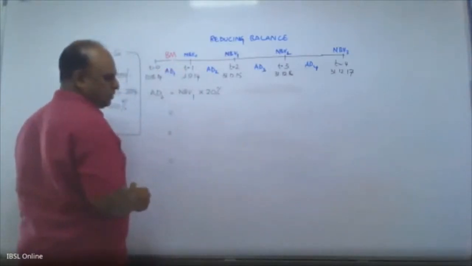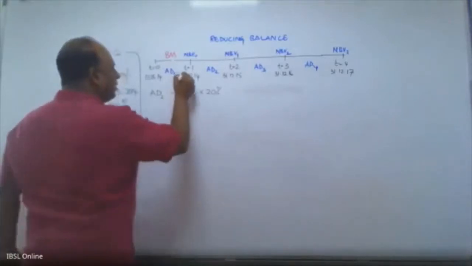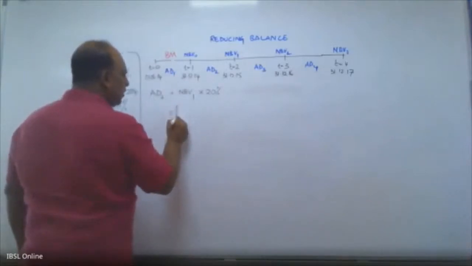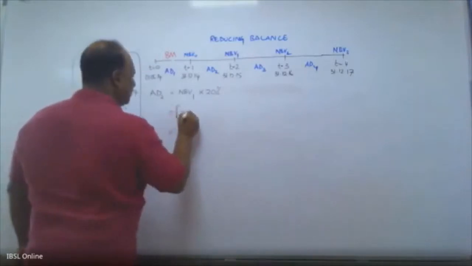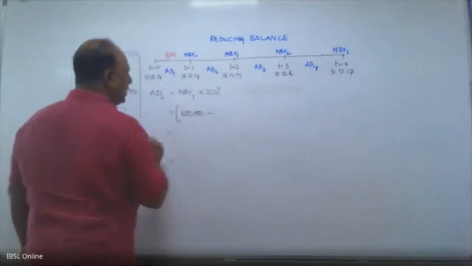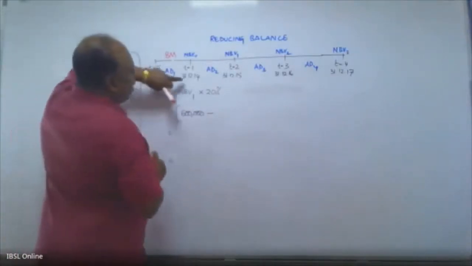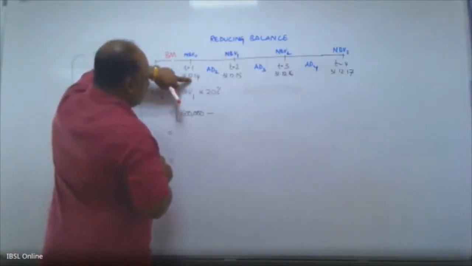Am I clear? You already have a depreciation for one accounting period. So now the net book value 1 will be cost minus your accumulated depreciation as at end of the last year. What was that? That was 80,000.